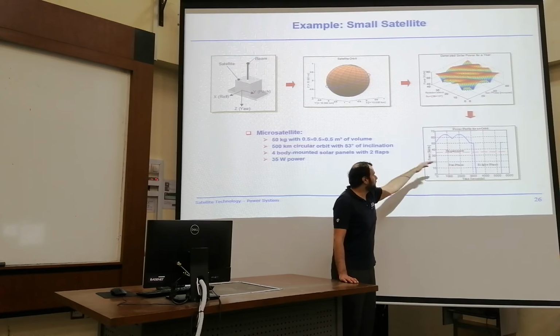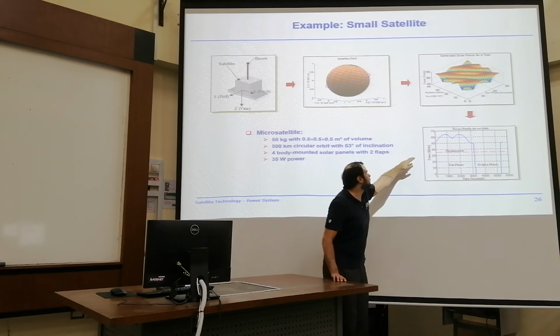Just to account for this eclipse phase, we need to install a much higher power on board our satellite, more than 60, around 65 watts peak power in terms of solar panels. Keep in mind, we only wanted to have 35 watts of average power. This is going to be part of one of our exercises later, to have some nice and neat calculations and get more into detail, so that you at least did it once for yourself and see how much overhead you really often need to install.